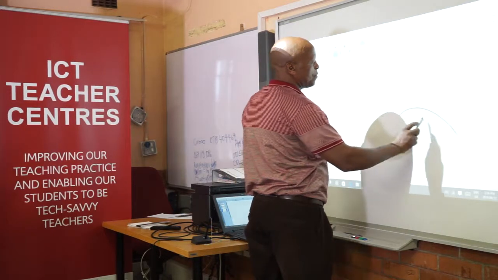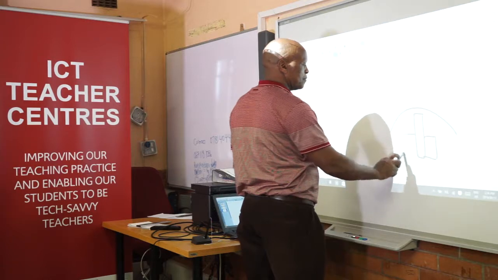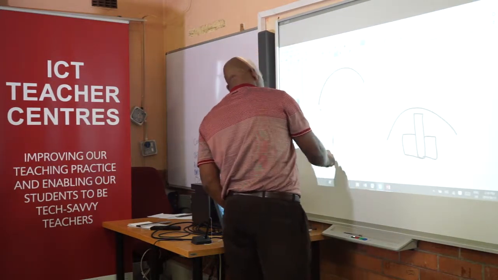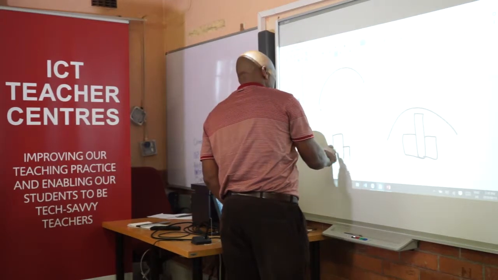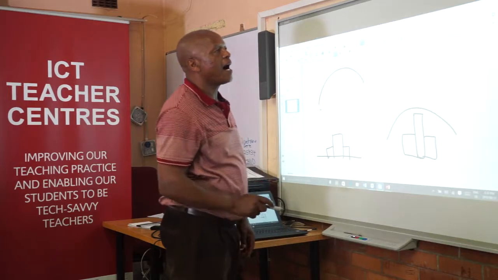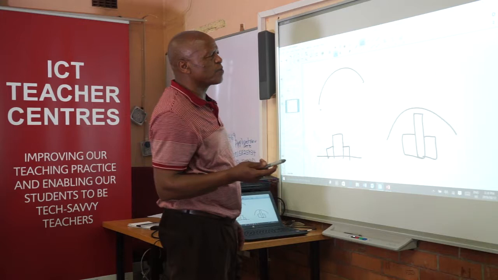Here's a pollution dome close to the city top. And also here is another pollution dome away from the city top. Now, this question that came out in the exams, it's most popular.